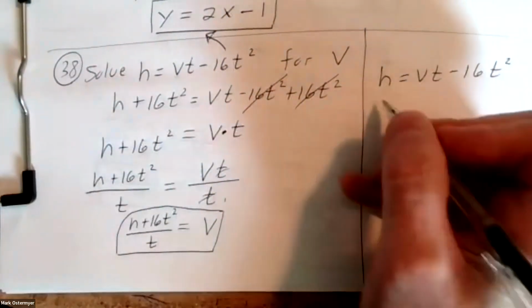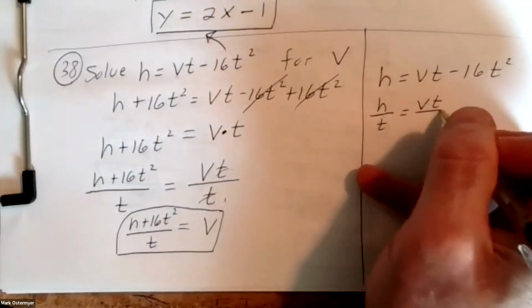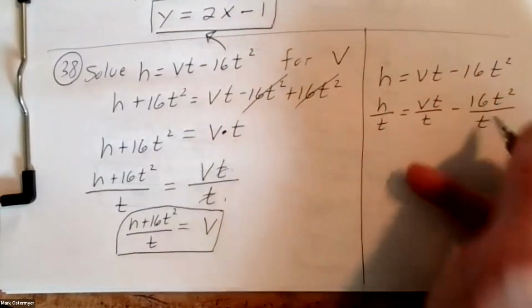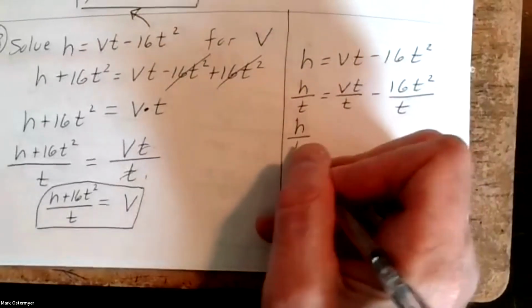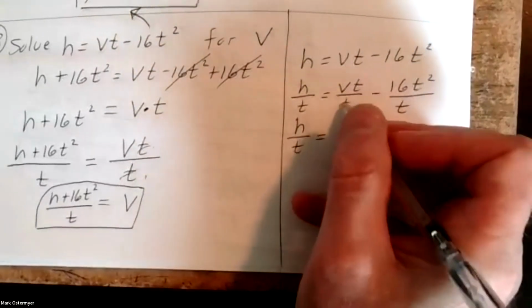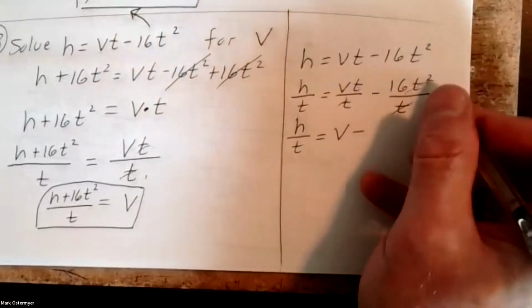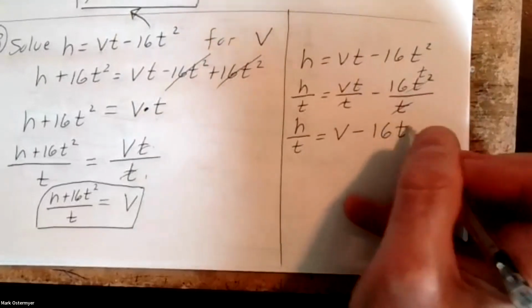It would be perfectly okay if you divide both sides by T. Got to divide each term by T though. So you'd have H over T is equal to, this reduces down to just V. This T reduces down to one of these T's, still leaving a T behind. So this would leave behind minus 16T.